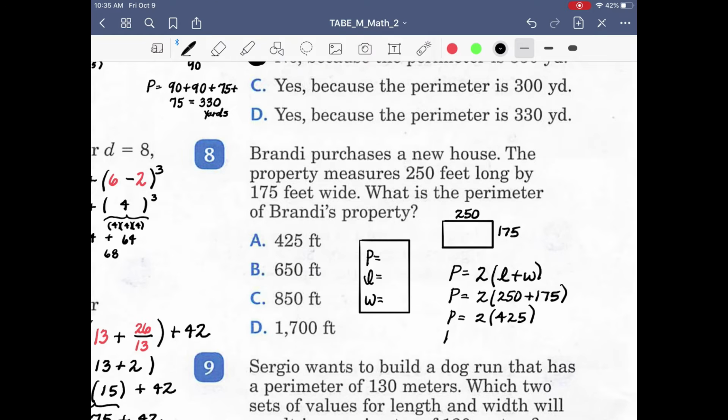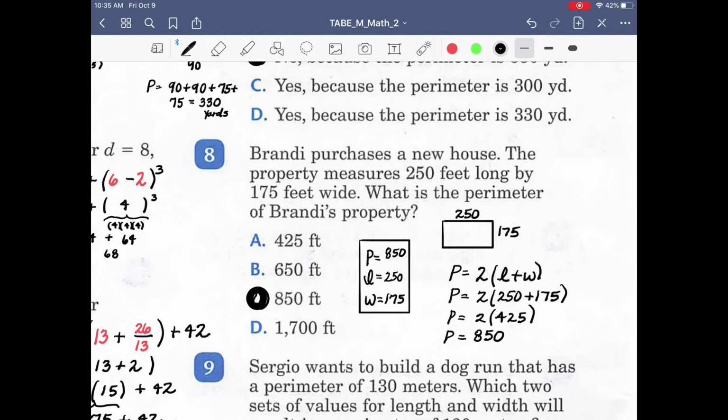And you hear me using the calculator, even though I believe I know what it is. Don't take a chance on missing it. So your length was 250, your width was 175, and the perimeter is 850. So the perimeter of Brandy's property is 850 feet.